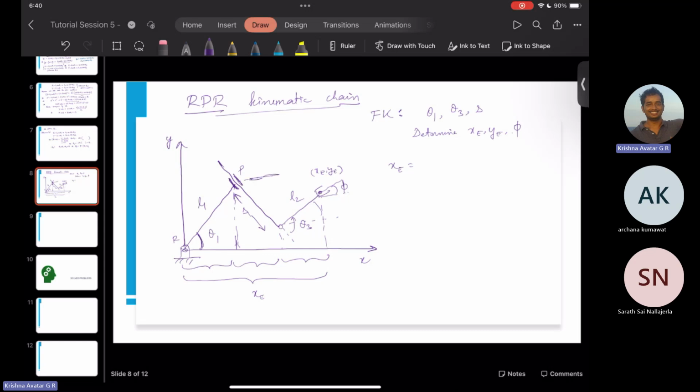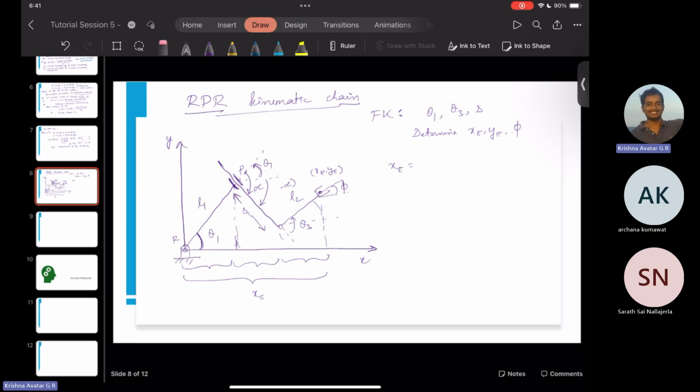So I'll just stick to the notations in the series here, right? So this will be theta 1, of course, from the transversal rule. And we call this angle from here to here alpha, such that this angle becomes theta 1 minus alpha, which is of course negative.